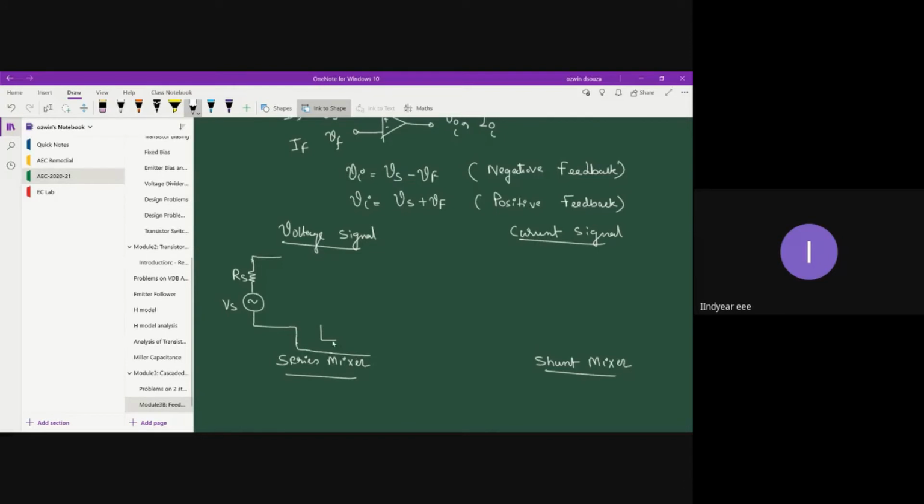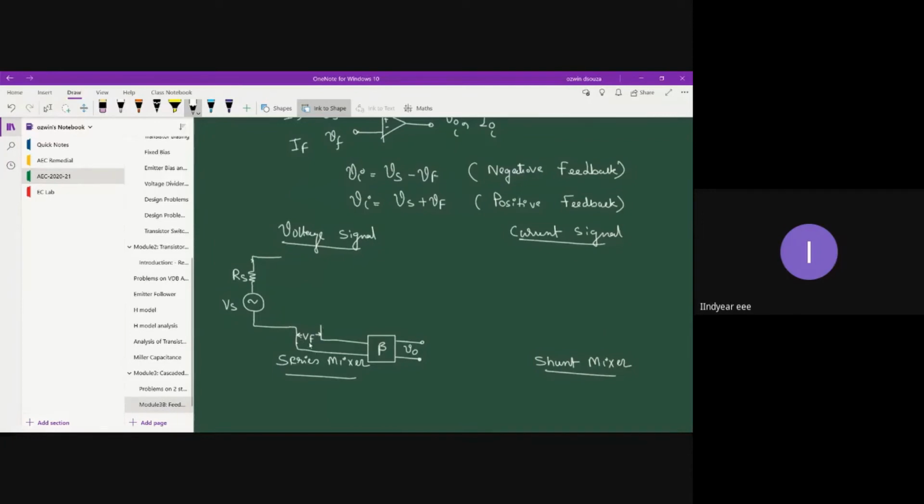This is beta, the feedback element. This feedback element gets V naught as the input and gives Vf as the output.